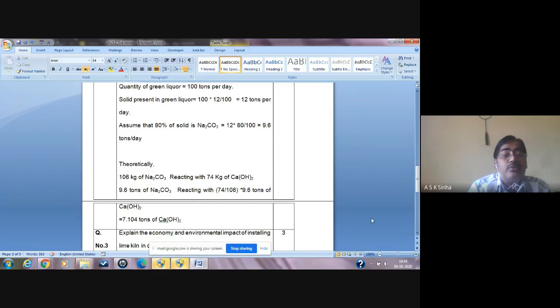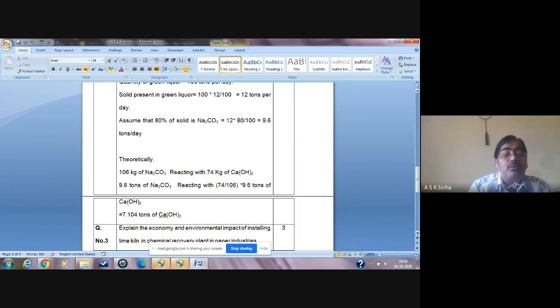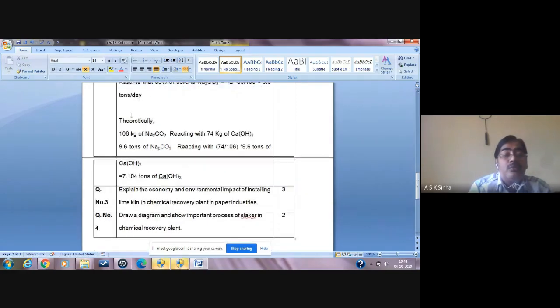So you can see here now we have calculated the amount of the sodium carbonate theoretically, and by balancing the reaction, we've already seen that 106 kg of the sodium carbonate is reacting with 74 kg of the calcium hydroxide. Alright, so that's a given in the reaction.